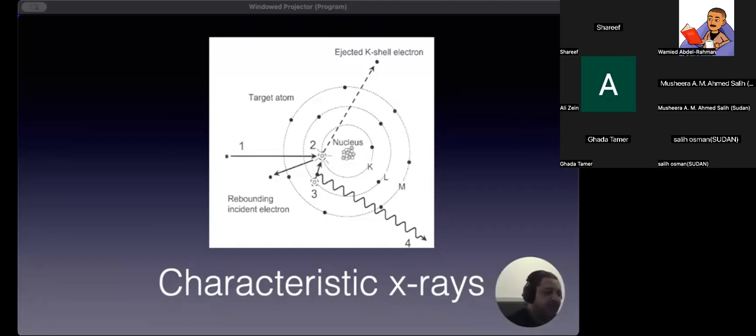When this happens, one of two things is going to happen: either emission of a characteristic X-ray or Auger electrons. And that probability will depend on the material itself. Remember that curve, the fluorescence yield we talked about, will depend on the target material as well as on the shell from which this vacancy was created.